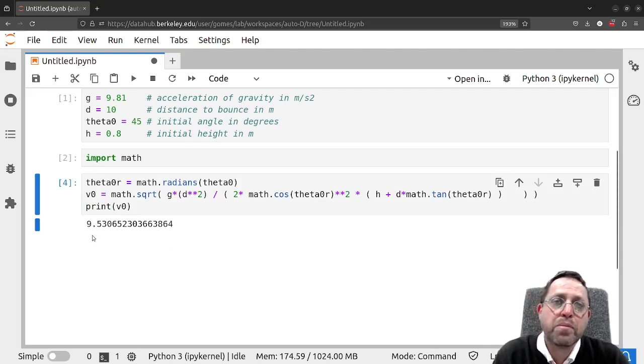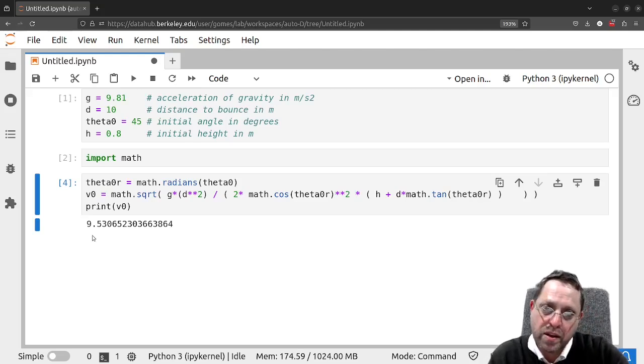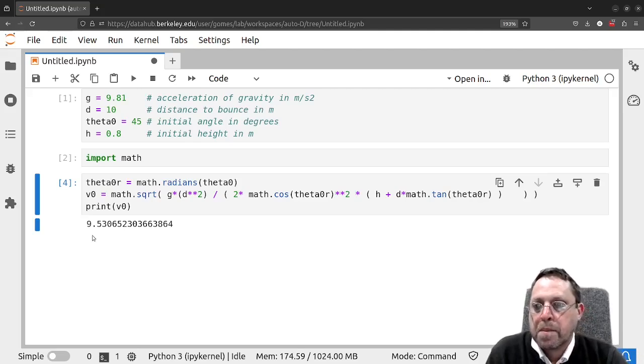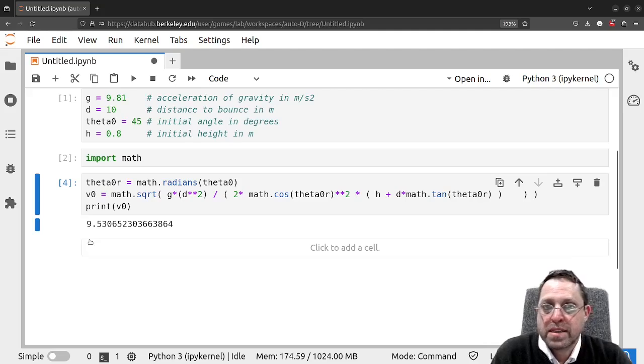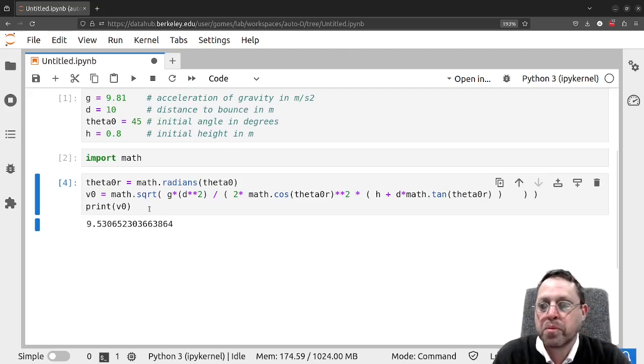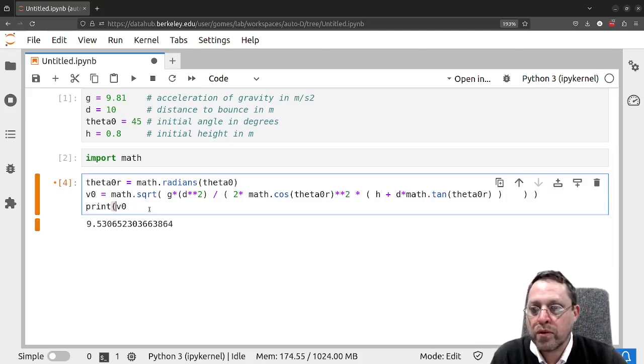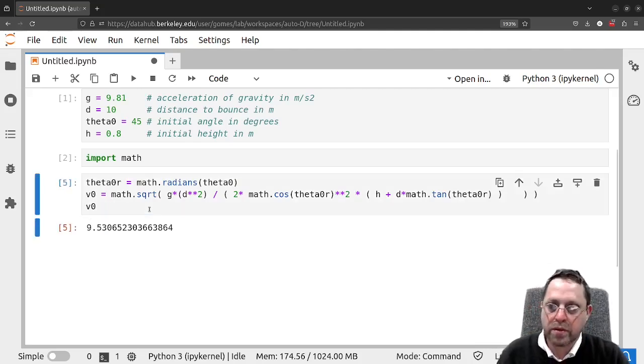In this case, 9.53 meters per second is the speed at which the tennis ball should be launched so that it bounces 10 meters away. But it's also not necessary. Jupyter Notebooks will, by default, print the last row of each cell. So you can remove this call to the print function, and the result is the same.